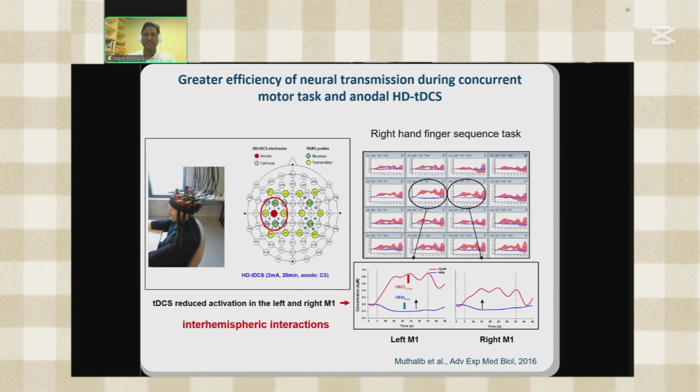So what we're saying here is that when you do a task, let's say finger sequence, during stimulation, your level of activation is less, so you're more efficient at doing the task. And we found that the NIRS response was smaller during stimulation. So this would indicate you're more efficient when you're doing tDCS and the task.